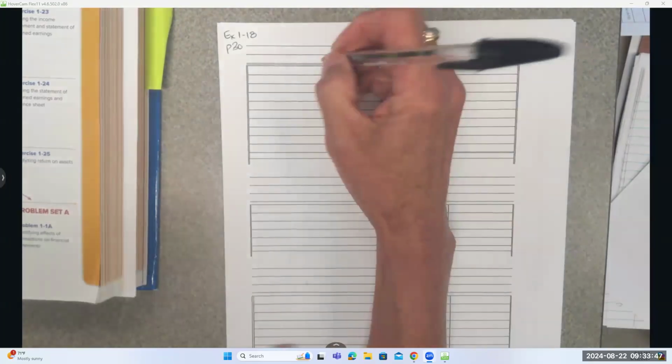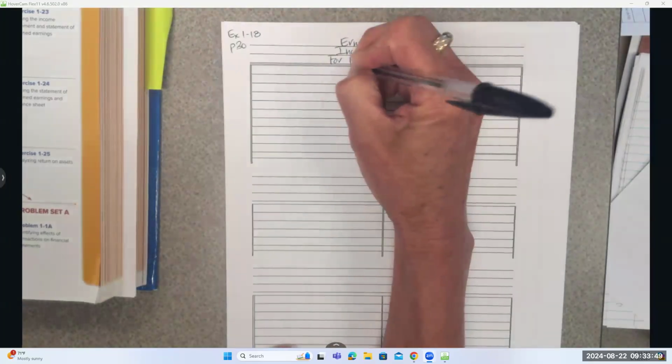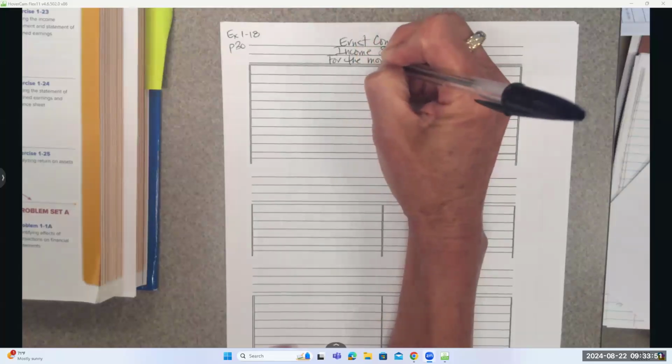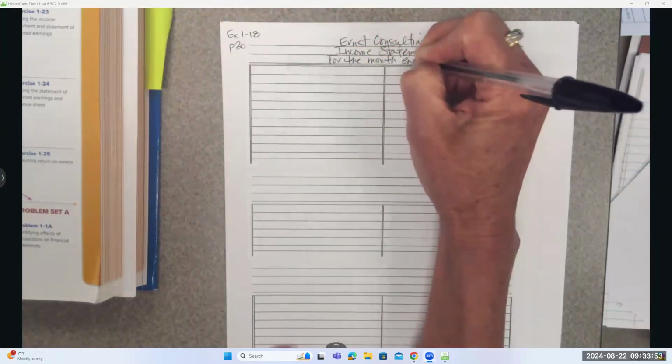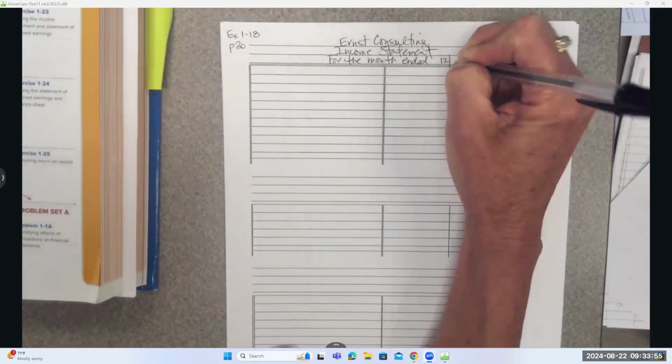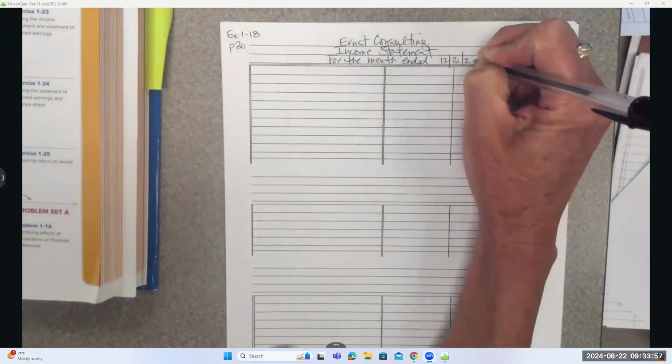December 3rd is the investment in exchange for common stock to launch the business. And then this is December 31st. So it is only 1 month in this case, started in December 1st, and now it's December 31st. So our date will be for the month ended 12/31.